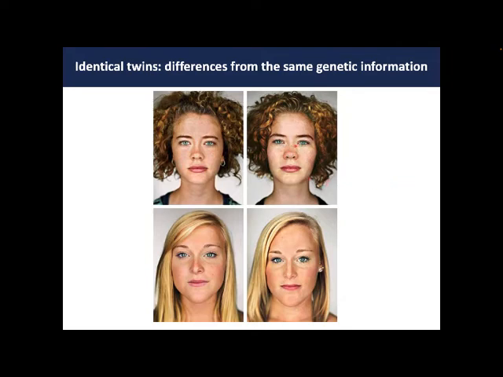Here, the shape of the nose is really different between these sisters. And here, the shape of the eyebrow is also really different. So during their development, some different event causes differential expression at some point of the development and makes the changes.